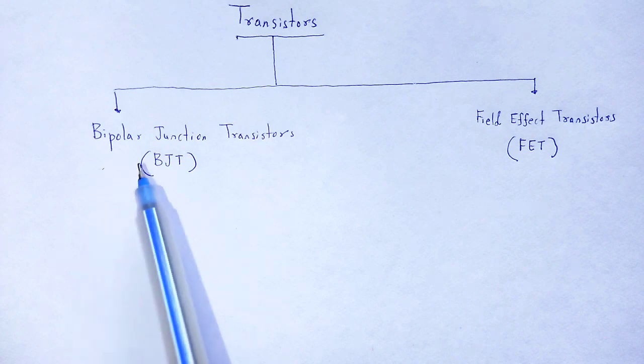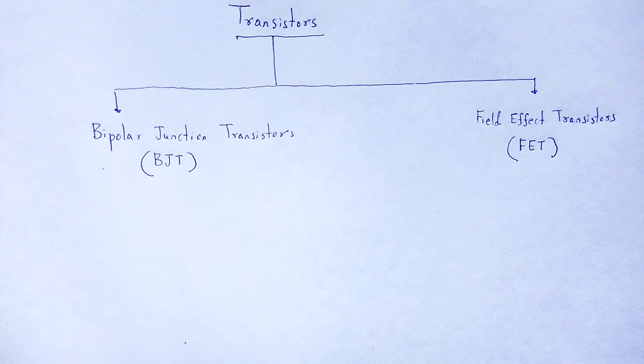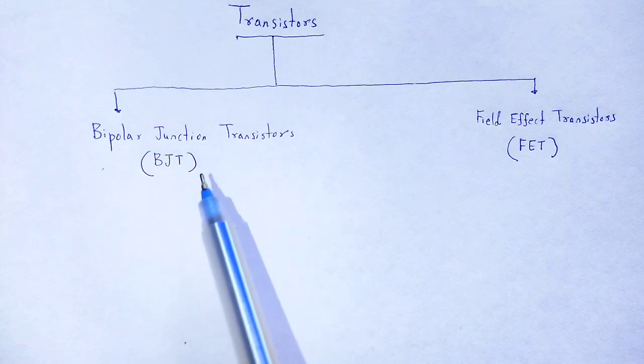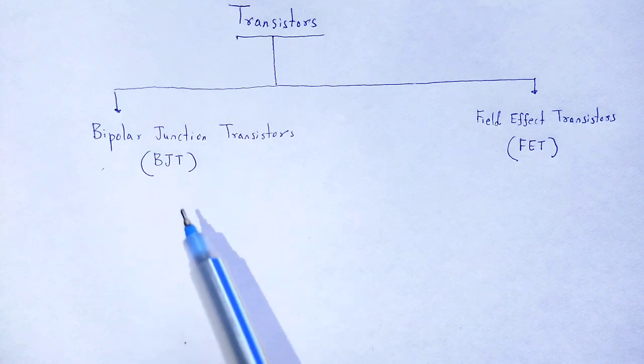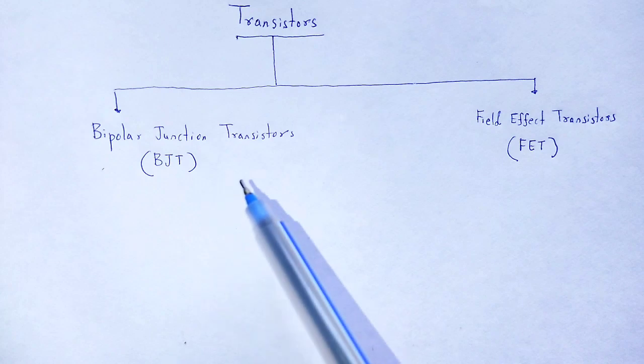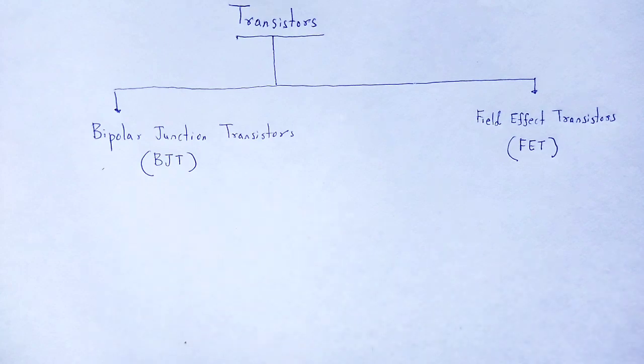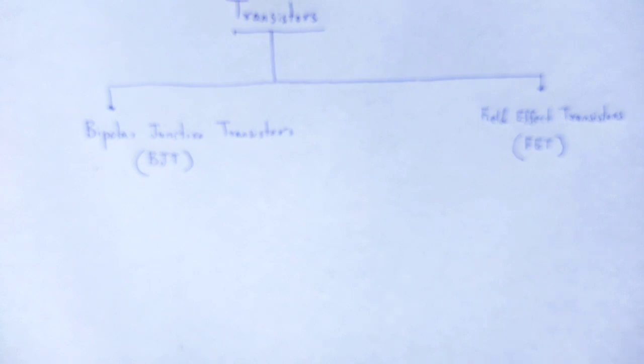The name bipolar means that in this type of transistor both free electrons as well as holes are involved for the purpose of charge carrying.